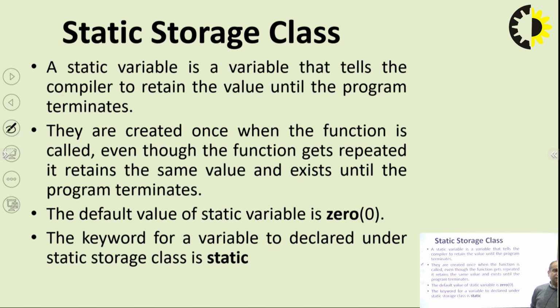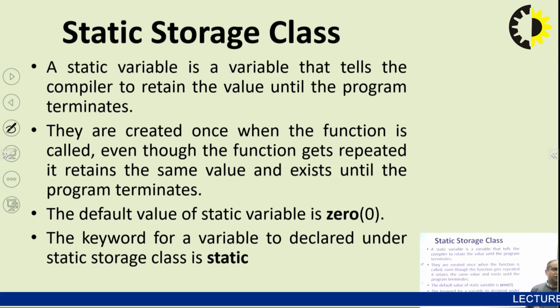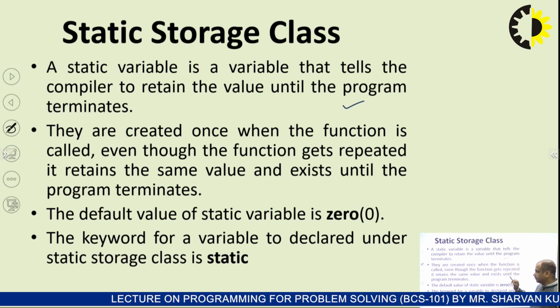Mostly the static type of variable is used for counters or specific types of purpose. So a static storage class variable tells the compiler to retain the value until the program terminates. The program value will remain there.